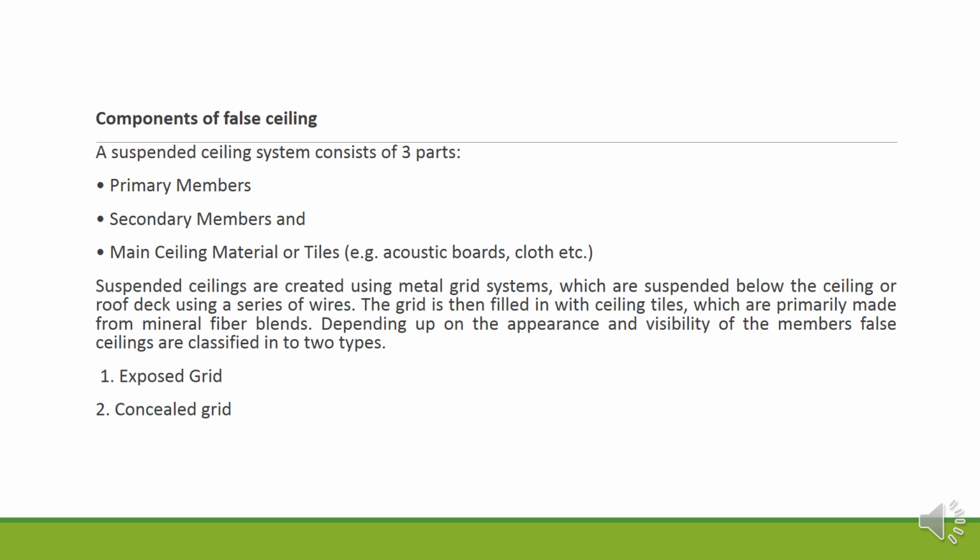Suspended ceilings are created using a metal grid system which is suspended below the ceiling or roof deck using a series of wires. The grid is filled with ceiling tiles which are primarily made from mineral fiber blends. Depending upon the appearance and visibility of the material, false ceilings are classified into exposed grid and concealed grid.